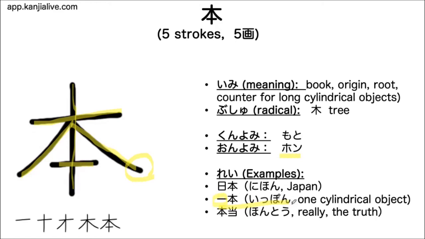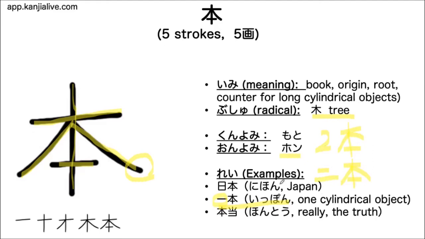In case of two trees, we say 二本. So in kanji, of course, ni, right? So you can say nihon. You can write nihon like this. We can accept both this number and also kanji as well.